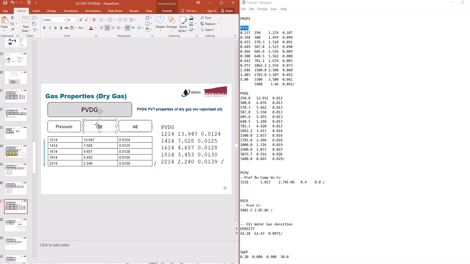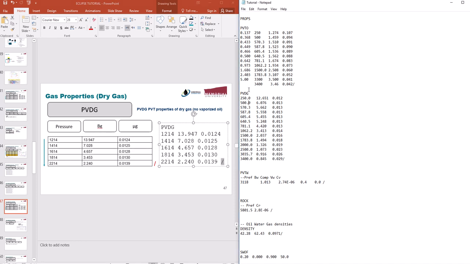The second item is the gas formation volume factor, or Bg. And the third item is the viscosity of gas. You need to provide all these as a table like this: pressure, Bg, and mu g, the viscosity of the gas, the formation volume factor, and the pressure, and it finishes with a slash.